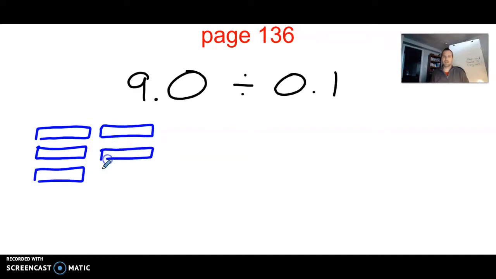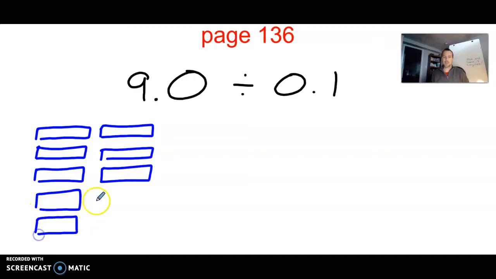Now, when you start getting some larger numbers, it becomes a little bit more difficult to find the space for 9 models. And we know that we would actually be dividing it by 0.1, which we know is really 1/10, and it looks like this as a decimal or as a fraction.